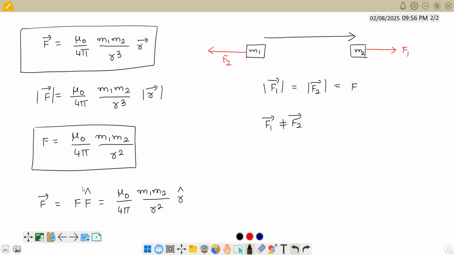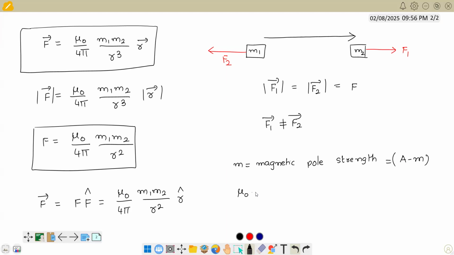The most important thing in this entire topic is, what are the units of magnetic pole strength? This is called magnetic pole strength, and its units are ampere meter, the most important unit which will help you to determine the units of other things. So the magnetic pole strength is ampere meter. Based on this, he will ask you to find the units of mu naught.